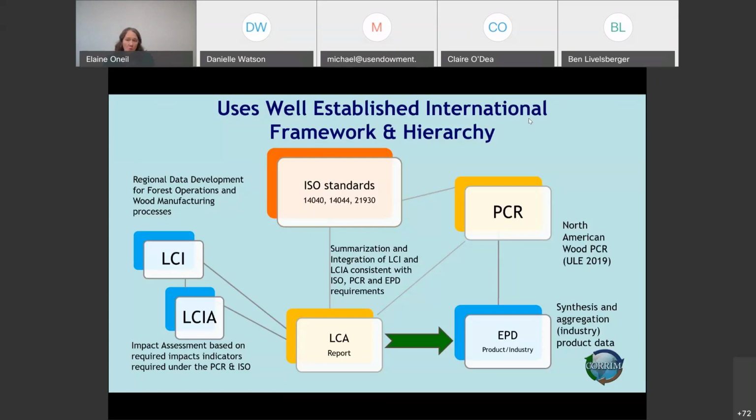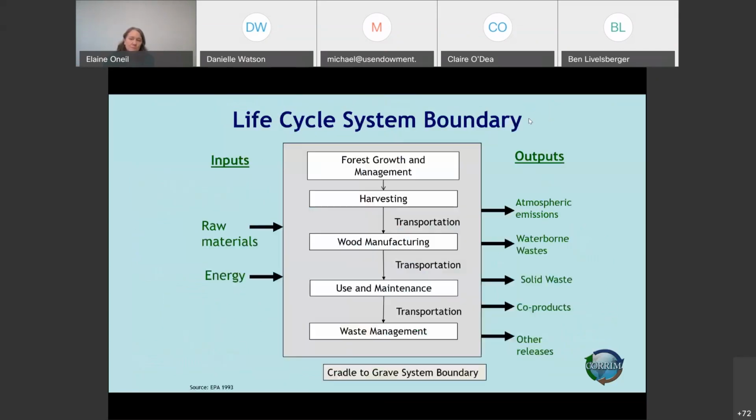So there's this whole network of things that we have to look at in order to produce something that will meet the requirements of the end user, in this case, the people that want the environmental product declaration, but also something that's robust and transparent and follows the international standards that we're following.